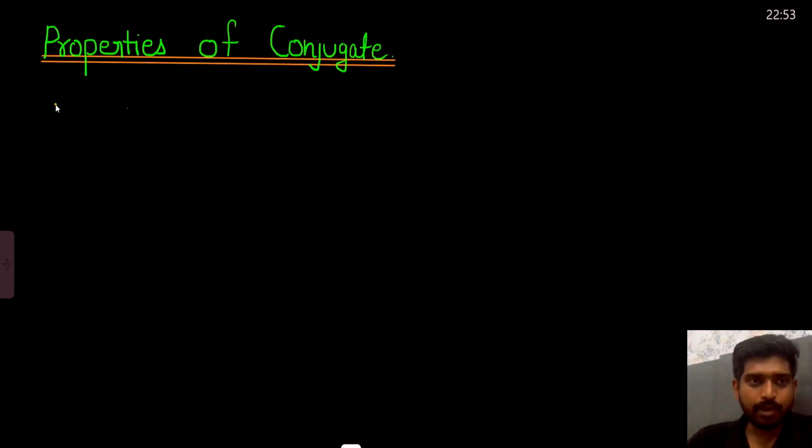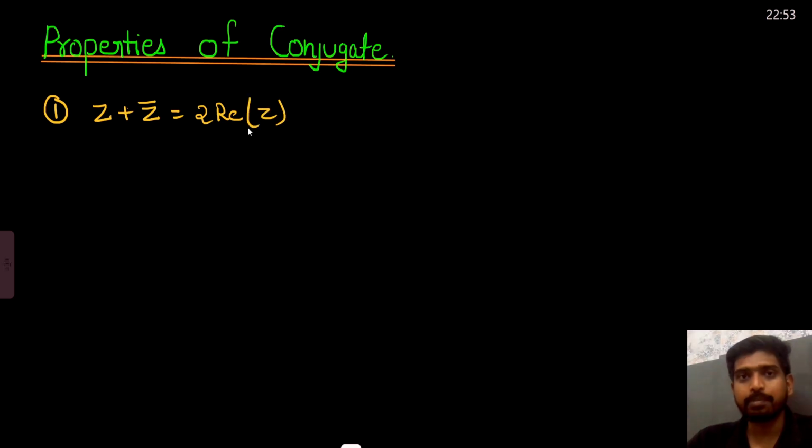See, the first property of conjugate says that if you add a complex number and the conjugate of that complex number, you will get two times the real part of the complex number z. Got it? Why? What is a complex number z?